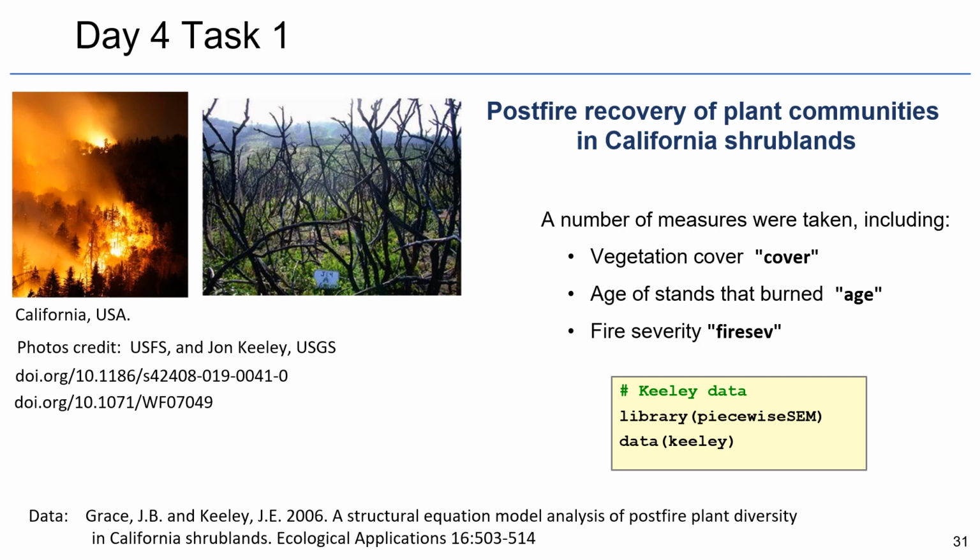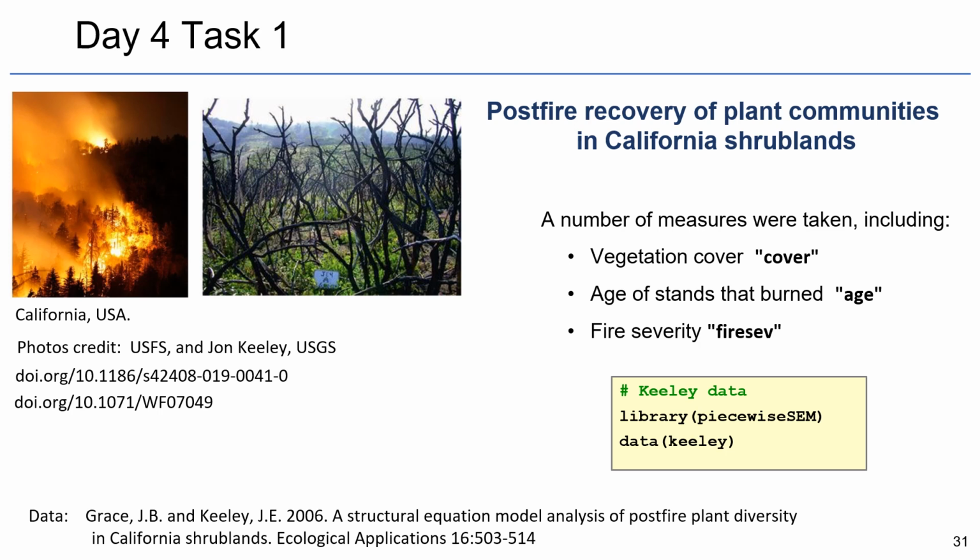For this, we again use data by Grace and Keeley, which you used yesterday for your task. As you remember, the authors measured the cover and age of plants after the fire in California shrublands, and also they measured the fire severity.